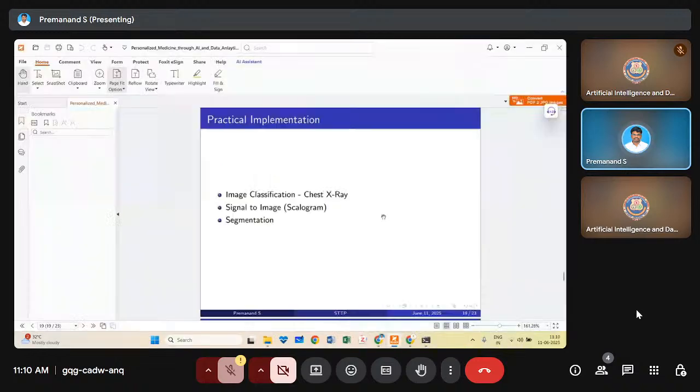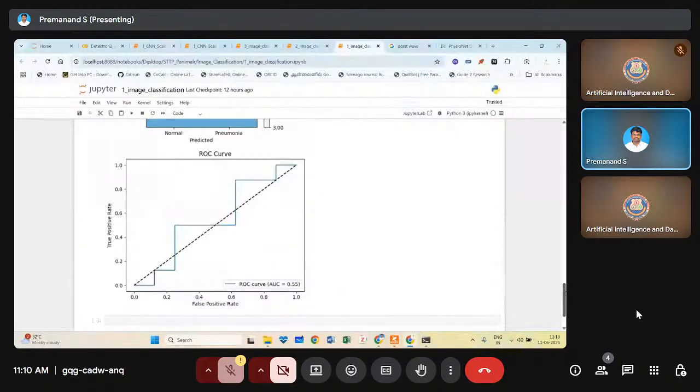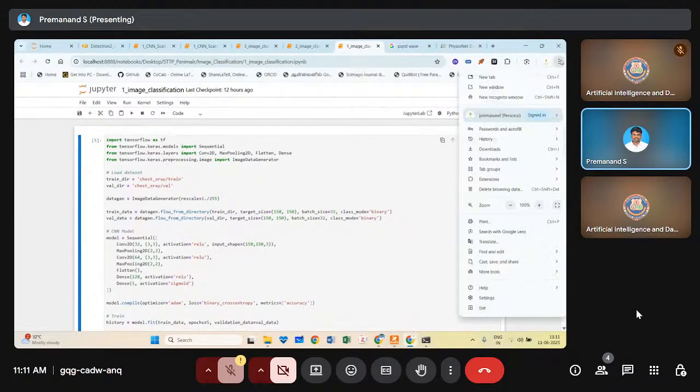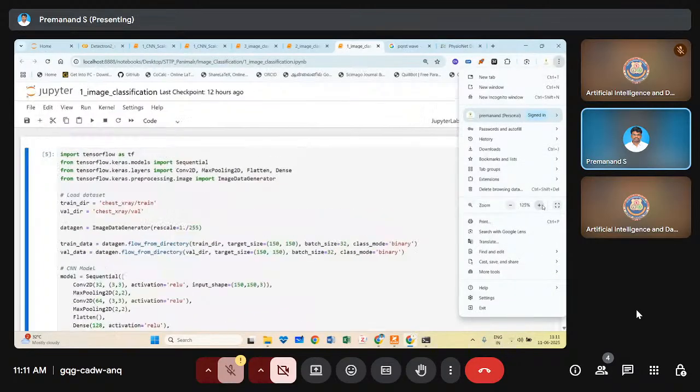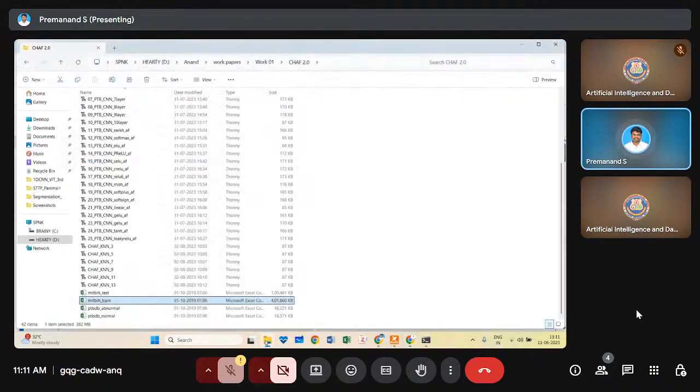And I'll be showing some kind of example. It's somewhat visible, right? So I have a data set.